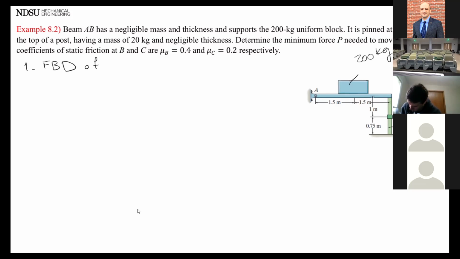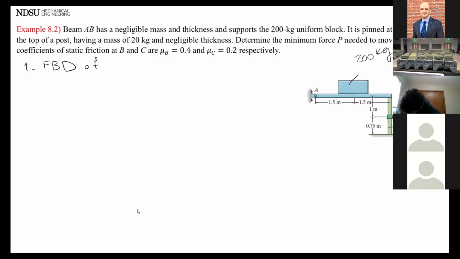See, that's the important thing that you got to figure out, right? Because you got to know what you are drawing a free body diagram of. Any idea? Should it be the whole thing? Should it be AB? Should it be the block?